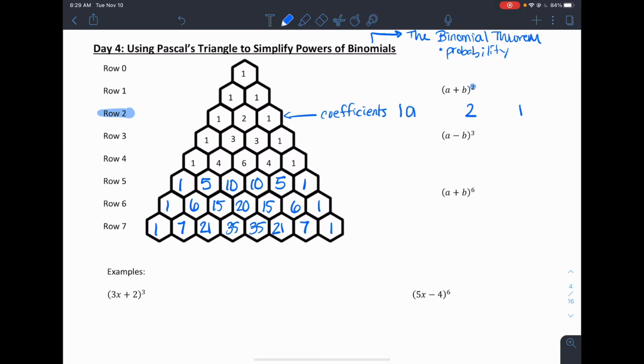So I'll have 1a squared plus 2ab plus 1b squared. So I start with an a squared and I descend in exponent value. So I go from 2, 1 to no a exponent. And then I go opposite with the b's, right? So it starts with none, then I have 1b, and then I have 2b's.